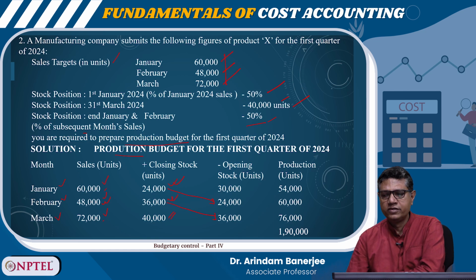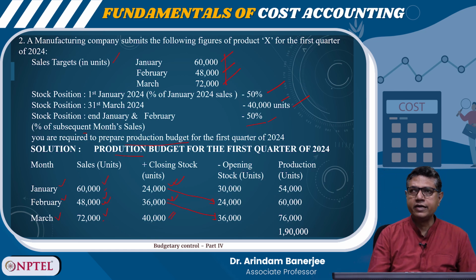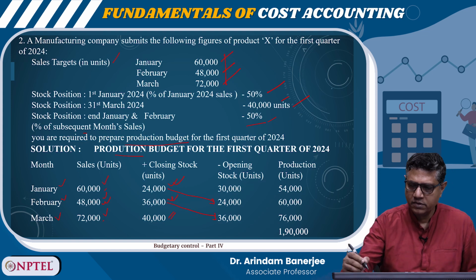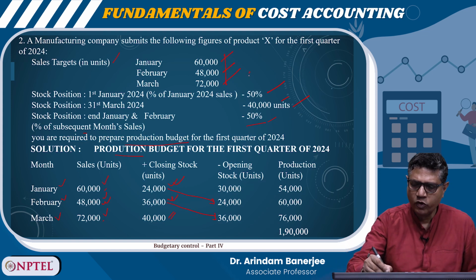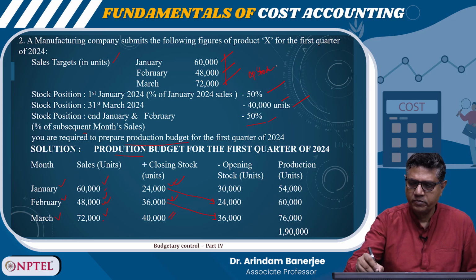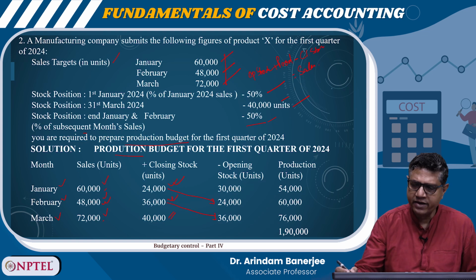Fine. Now I can calculate the production units. What is my formula? The formula is: opening stock plus production minus closing stock is equal to sales. For January, I can write it like this.